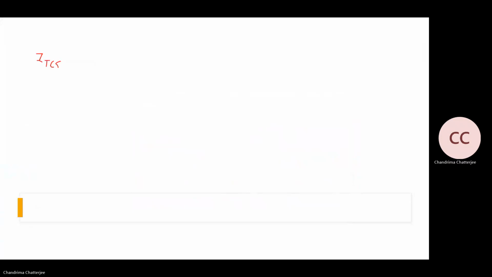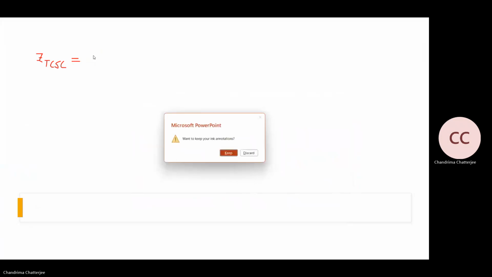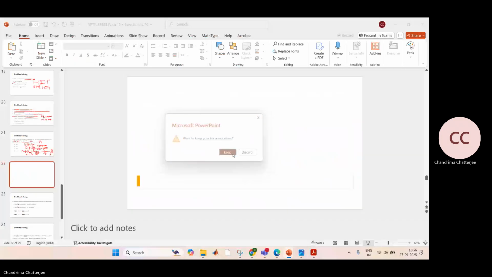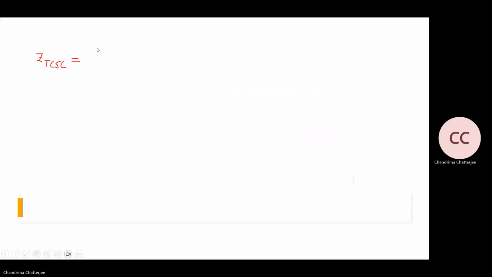ZTCSC will be equal to j XL times minus j XC, divided by j XL minus j XC.